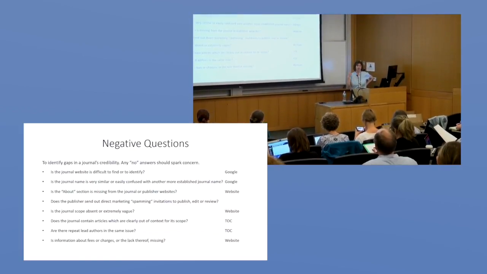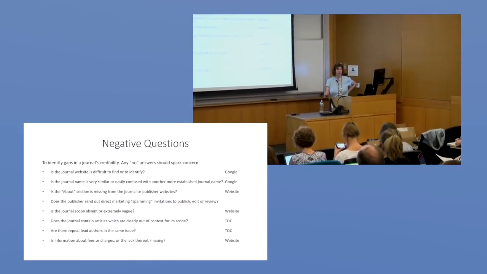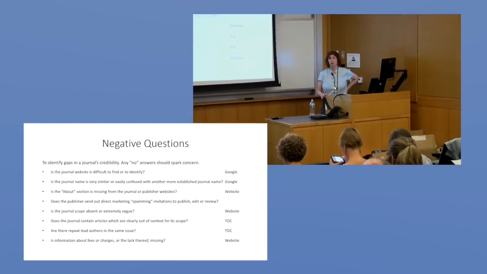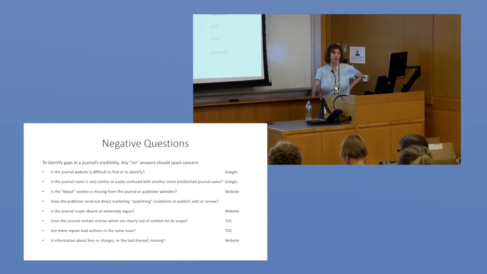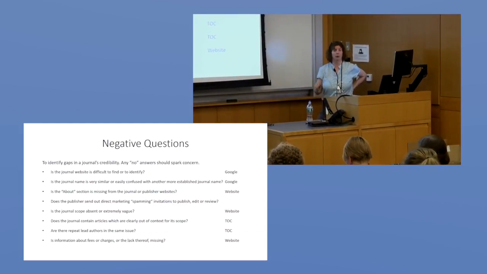Predatory is a malicious intent to gather money and to not give quality. Journals can lack this information for a variety of reasons. It could be inexperience, incompetence, or malice. Just because a journal doesn't have this doesn't mean it's predatory. But if they don't have a lot of these qualities, for whatever reason, it's probably not a place that your faculty want to be publishing.